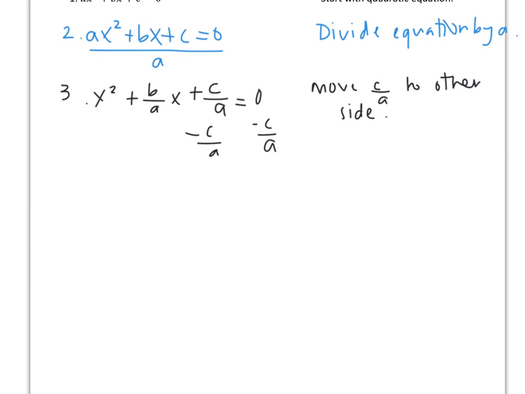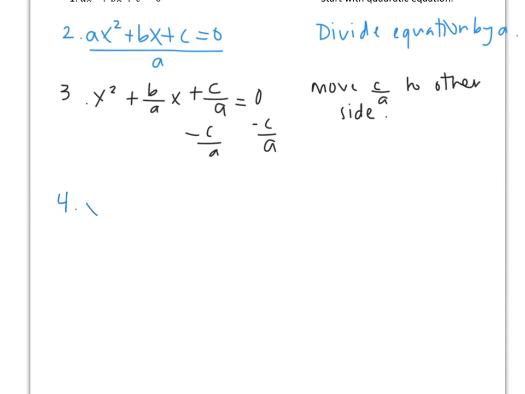Okay, so step 4 now, let's figure out what should be in place of that c over a. So half of b over a would be b over 2a, right? If we take b over a and multiply it by 1/2, we get b over 2a, and then we square it.